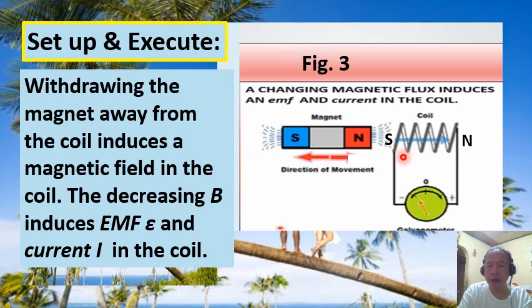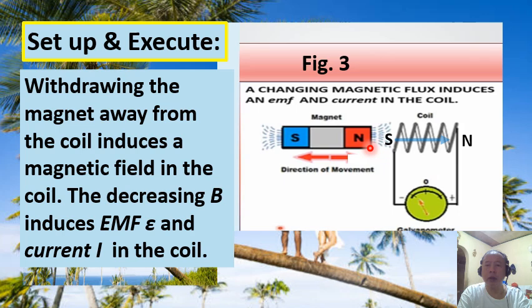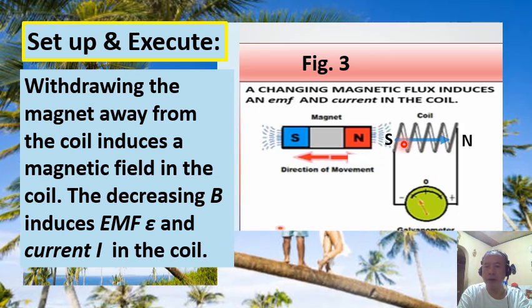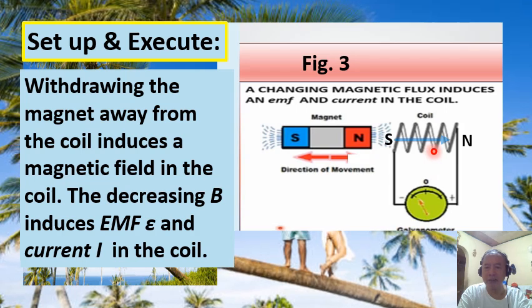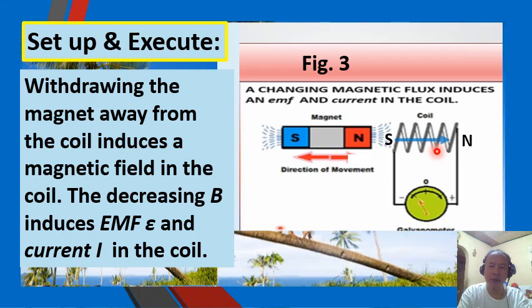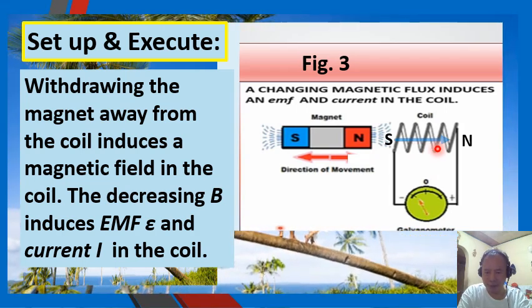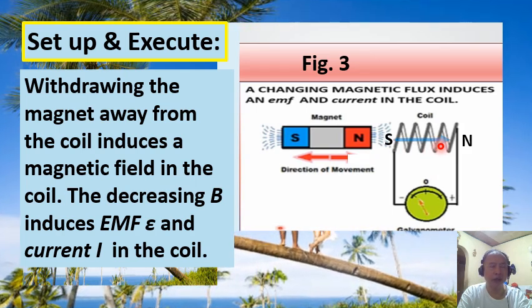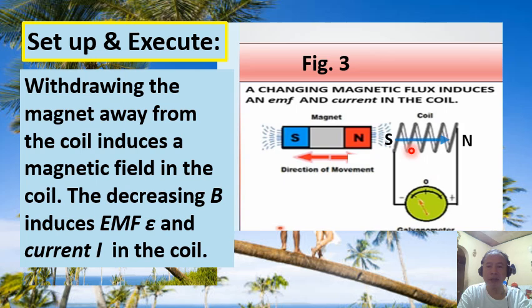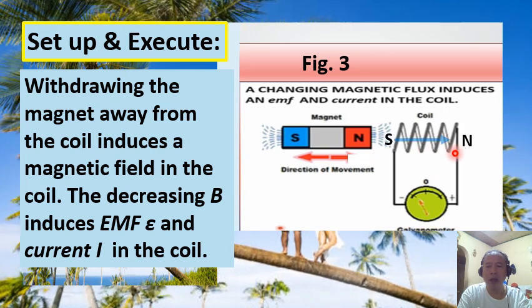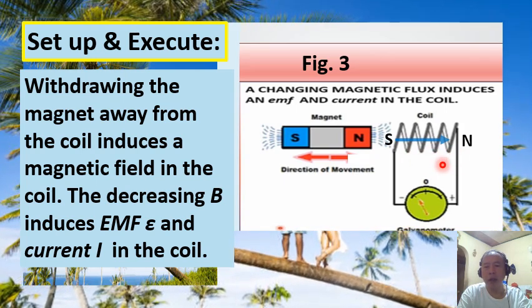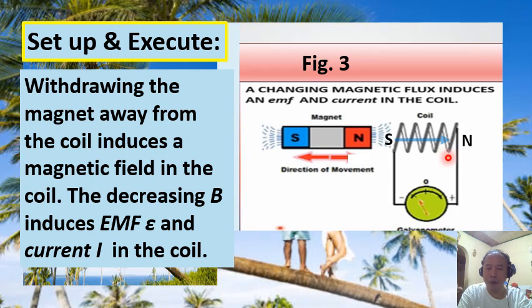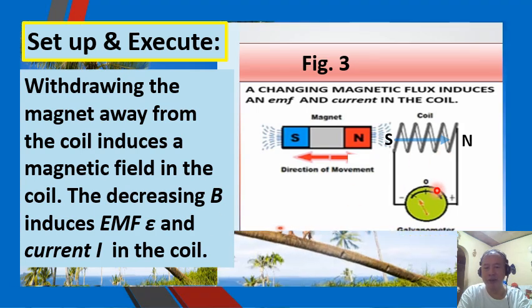The amount of the magnetic flux that is intercepted in the coil is in fact changing, or decreasing. So a decreasing amount of magnetic flux is the condition for the coil to also induce what we call an electromotive force or EMF that was explained earlier.